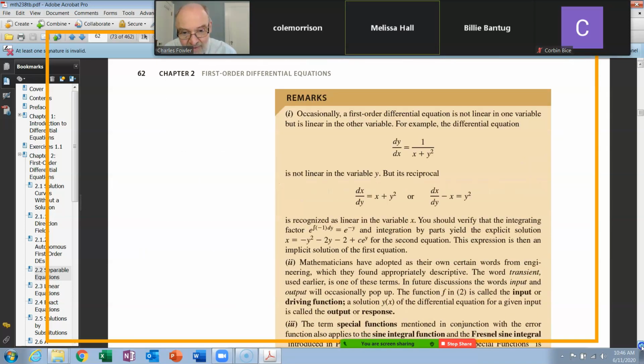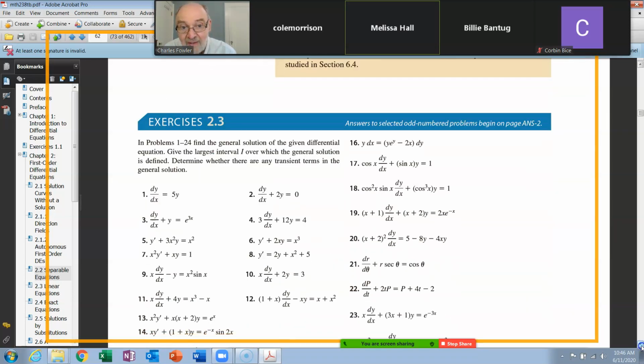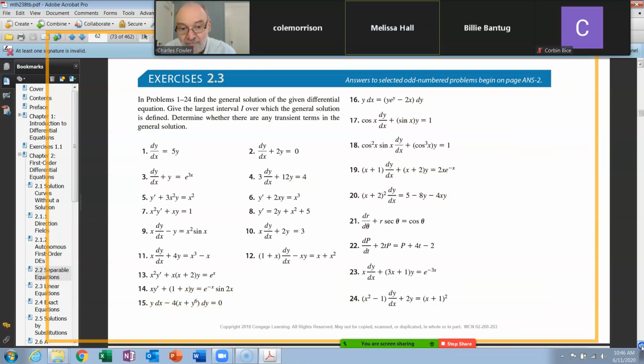It'll get there in a minute. Okay, here we come, right here. Any of those odds 1 through 23. Okay, does that make it clearer? Any of them, the answers are in the back of the book. Good deal.